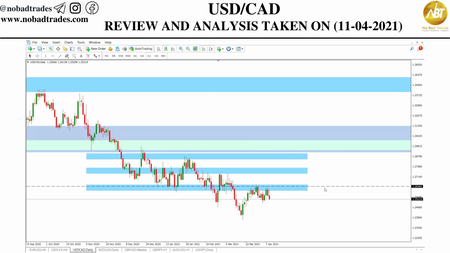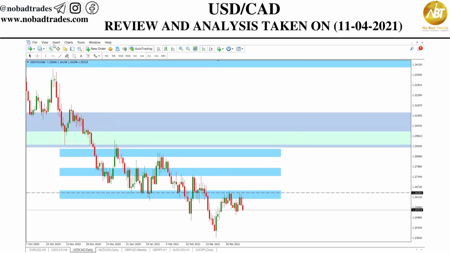So apart from that, what really caused the sudden price rejection right on this level, apart from the fact that we're looking at it from the technical point of view, actually we have the fundamental support as well, right? The fundamental support: I think we expect that in subsequent weeks the CAD is going to be stronger. This past week the Canadian dollar has been fluctuating, not directly by the effect of the crude oil and all of that, but by the effect of COVID and the economy.